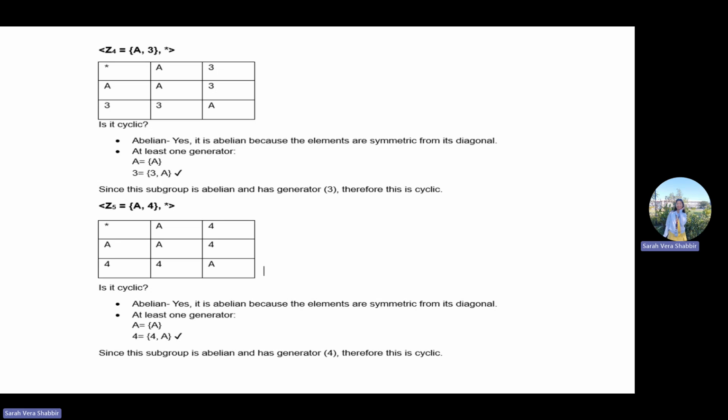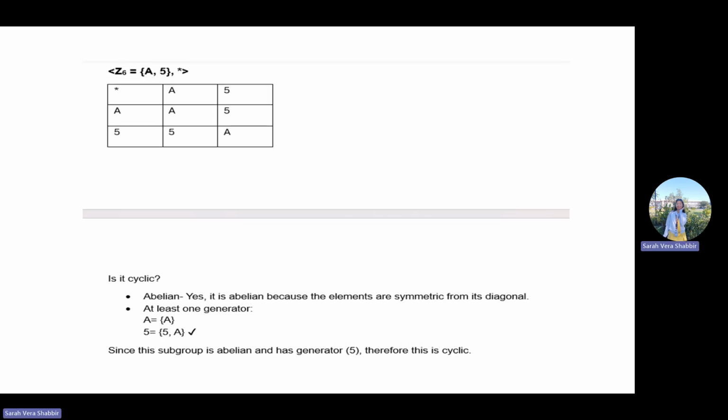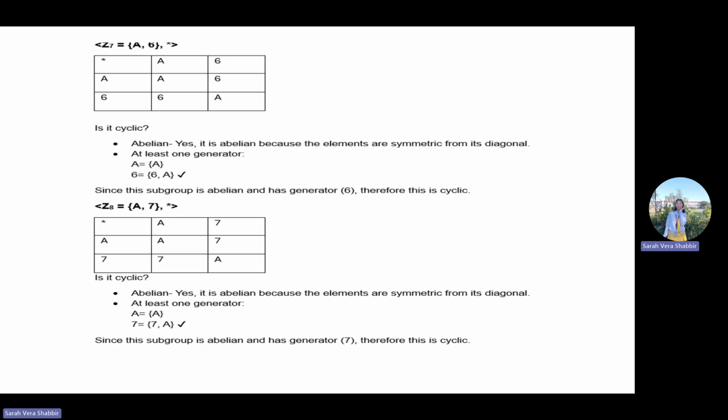Another symmetry, so it is abelian and it has one generator, which is 4. Therefore, this is cyclic as well. And the next subgroups are also cyclic because they have the same properties as the first subgroups.